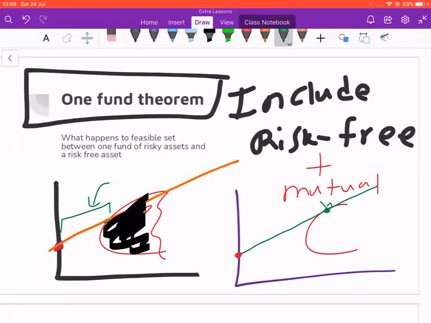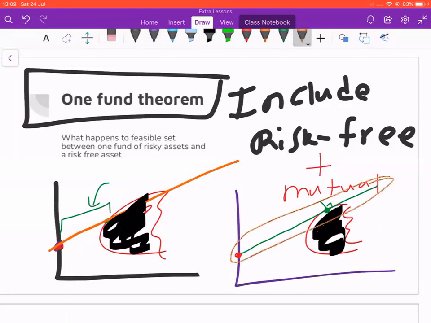If this is the case, investing over here on this feasible set is so much better than any other point on your risky assets. So you are better off including a risk-free asset in your portfolio, given that you can also find your tangent portfolio.